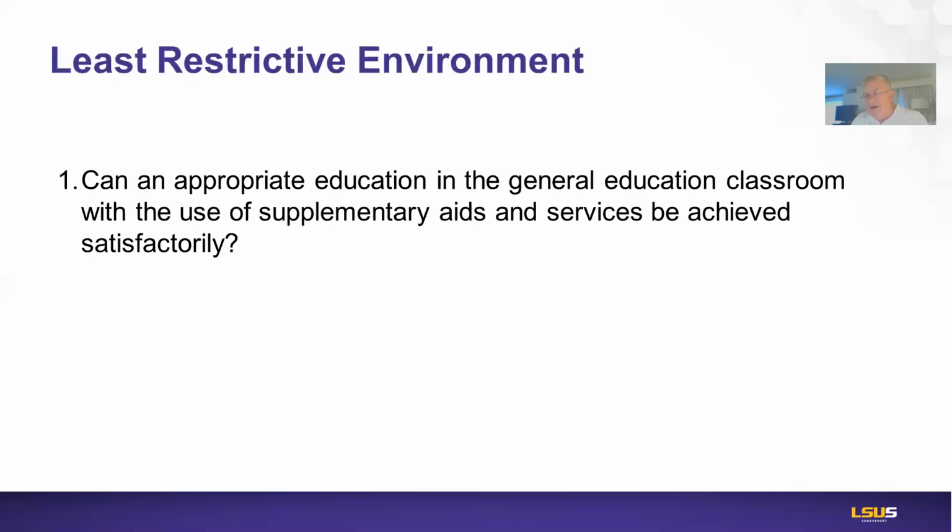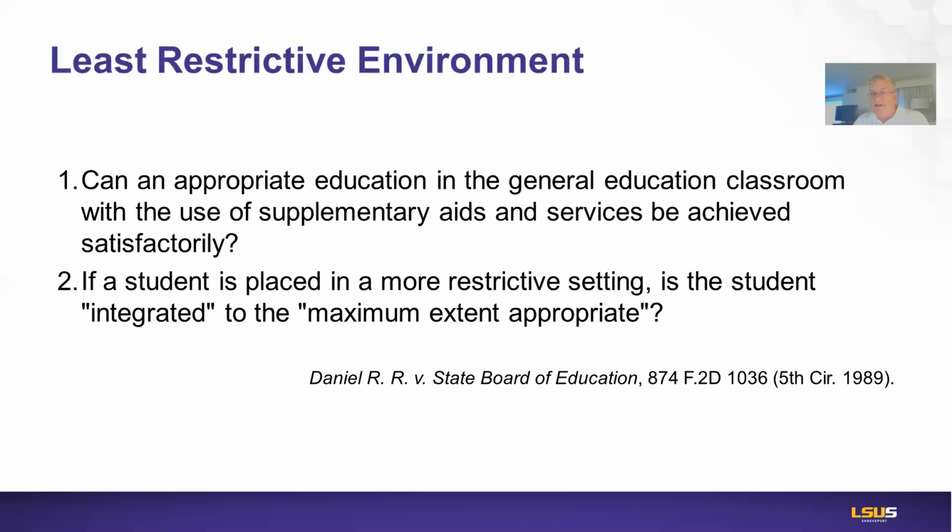Will that provide that student, that one student, the opportunity to be able to be successful? And then secondly, if a student is placed in a more restrictive setting, i.e. into a special education room, resource room is what we used to call it, then is the student integrated into the regular ed to the maximum extent appropriate?